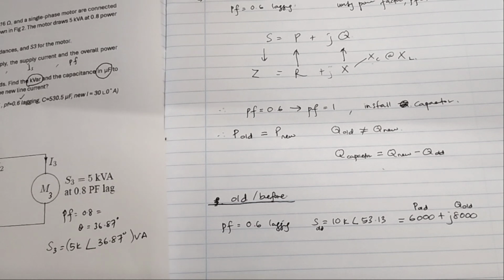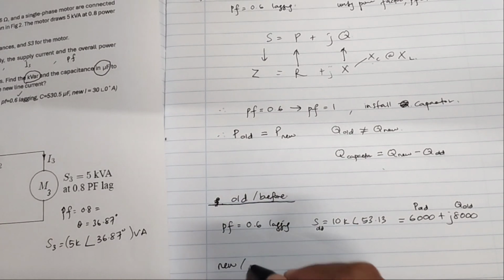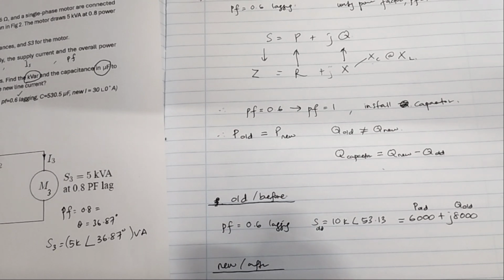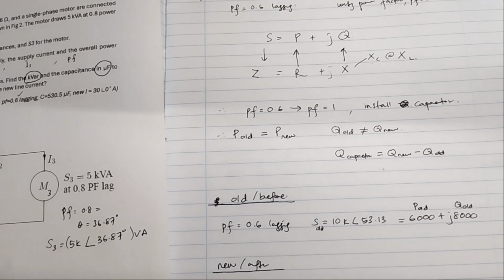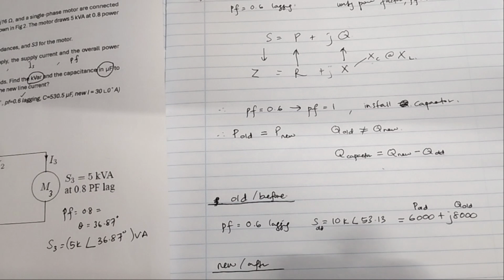So after install, this one is new ataupun after lah. Okay, power factor jadi berapa dia nak? Unity 1. Okay, from this one kita tahu lagi P new berapa? P new adalah sama dengan P old. Tak berubah kan? Jadi P new kita dah tahu dah.